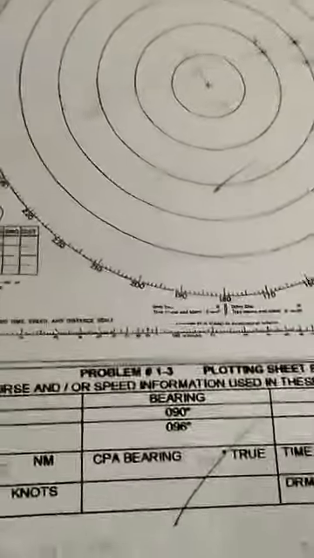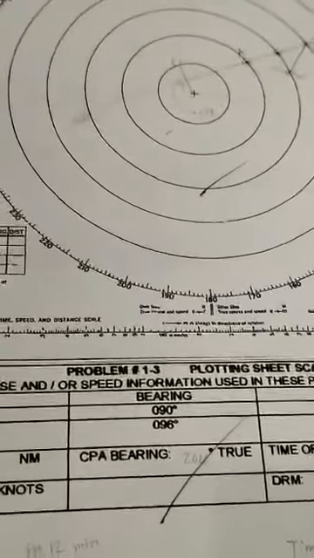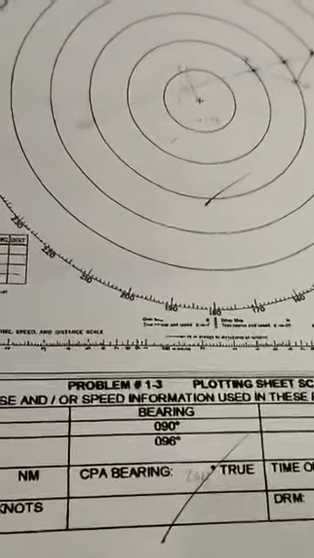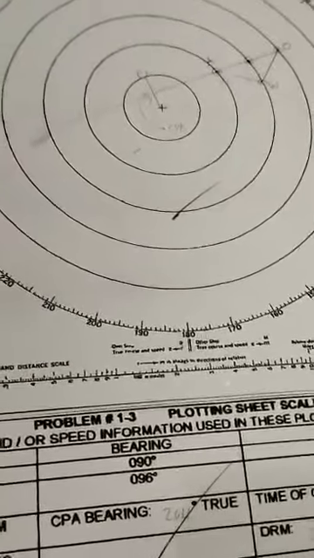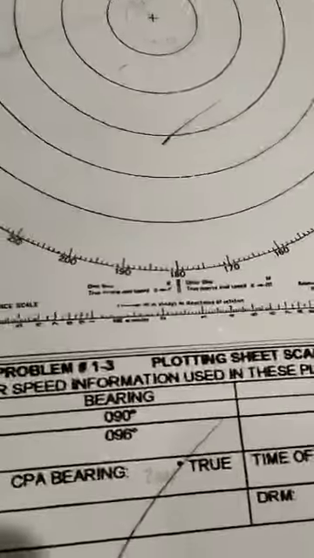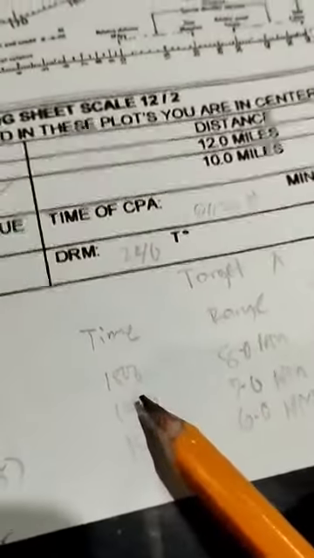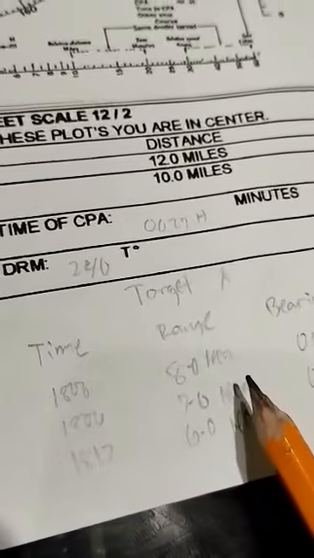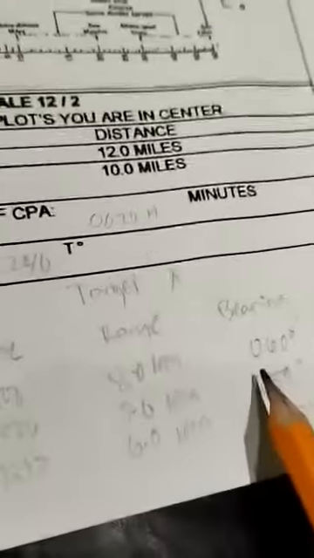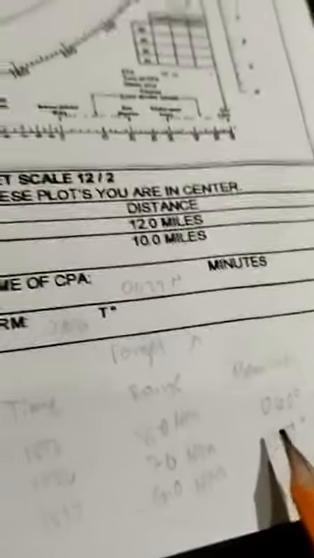Then let us say we noted the following bearing and range of the target at 0800 hours. This is the 0800 hours observation, 8.0 nautical miles, and the bearing is 60 degrees.